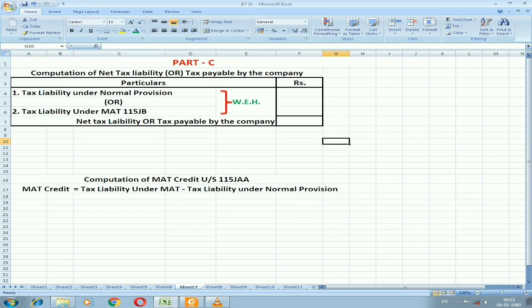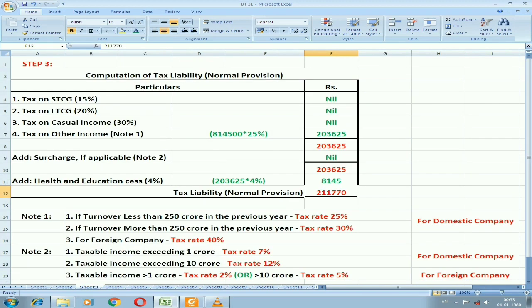Let us find out which tax they are supposed to pay. By taking the tax liability under normal provision and comparing it with the MAT tax liability, whichever is higher we are supposed to take. Under normal provision, the tax will be 2,11,770.